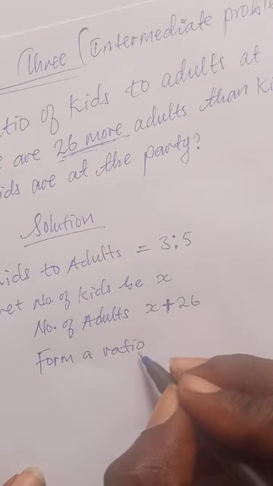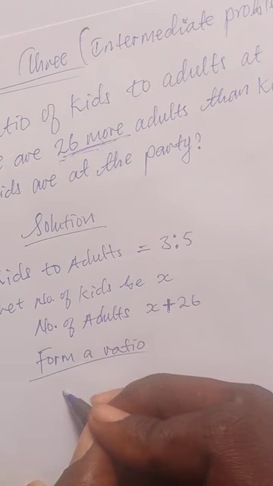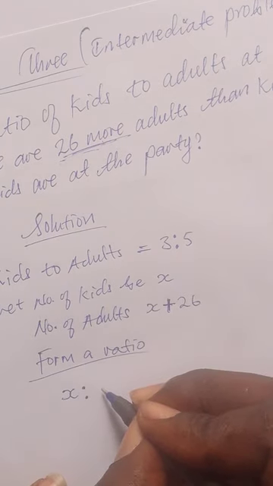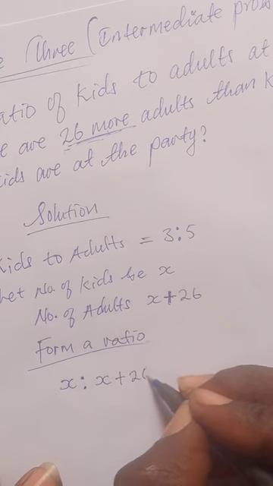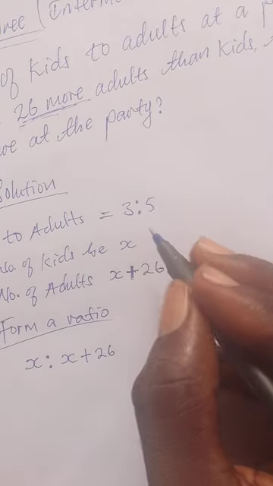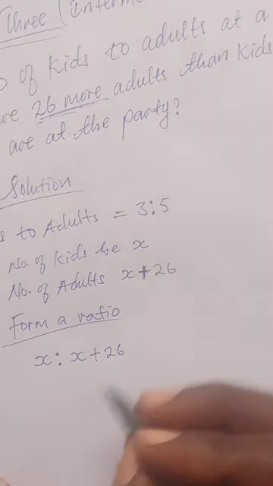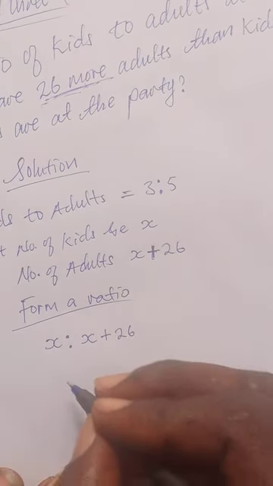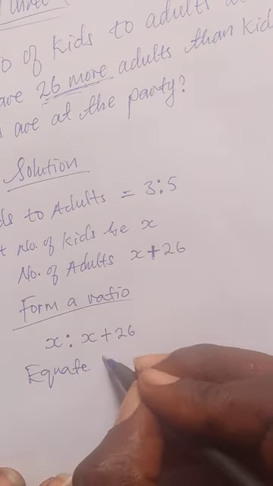So by forming a ratio, we can have the number of kids X to the number of adults X plus 26. And remember, the ratio of kids to adults is 3:5. So we can equate this ratio to this. Okay? So equate the ratios.